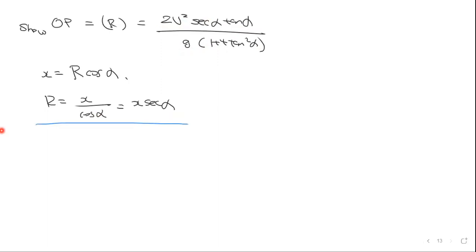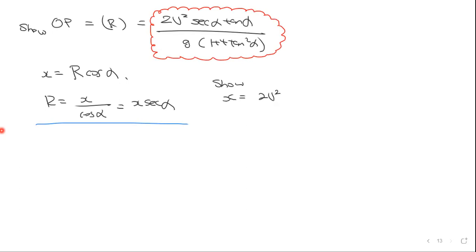Now, if you look at this expression here, that might remind you of one of the expressions that you've learned. So we want to show X equals 2v squared tan alpha over g, 1 plus 4 tan squared alpha. Now, there's probably a shortcut that I can do there, but given it's worth 4 marks, let me leave that till a bit later.